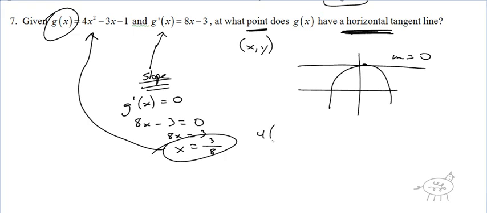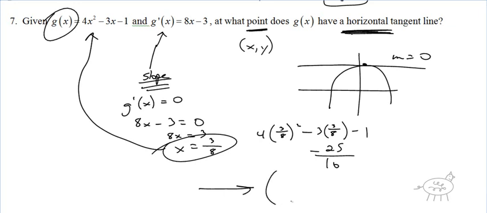So if I do that, I get 4 times 3/8 squared minus 3 times 3/8 minus 1. Use your graphing calculator, use the fraction button on there, and you wind up getting negative 25 over 16. So your answer for this problem is your x value is 3/8, and your y value is negative 25 over 16.